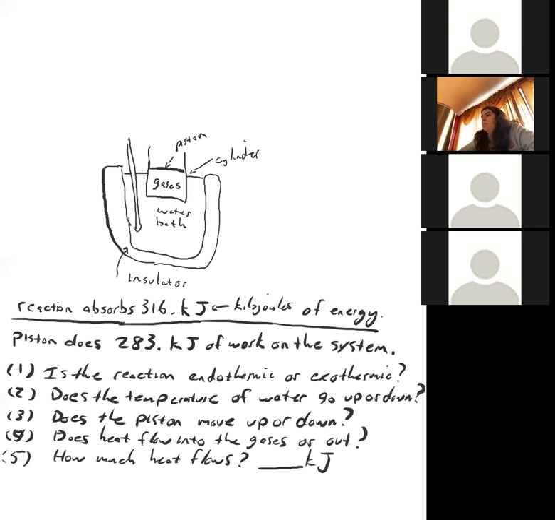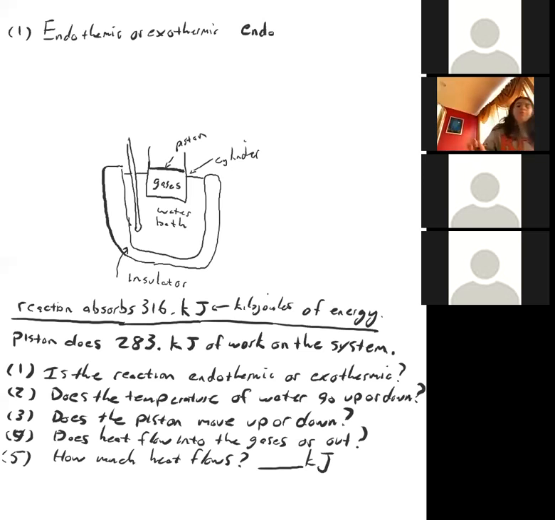So the first question is the reaction endothermic or exothermic? And one of the things that's a little tricky about this is that it's not obvious. You have to actually calculate it. Okay, so let's do question 1. Is it endothermic or exothermic? So remember what we said is if it's endo, that means Q is positive. Heat is positive. If it's exo, Q is negative.